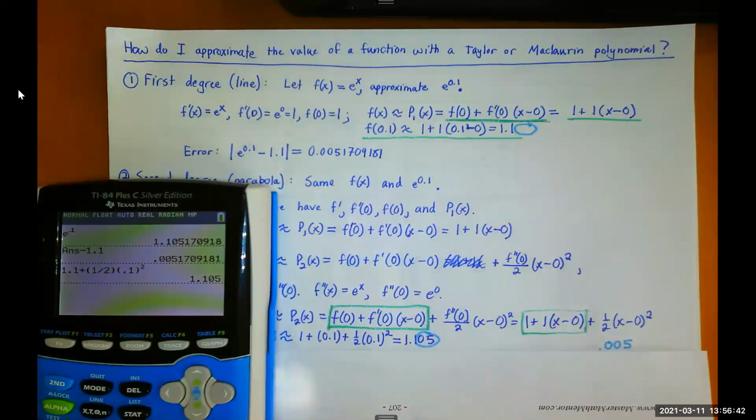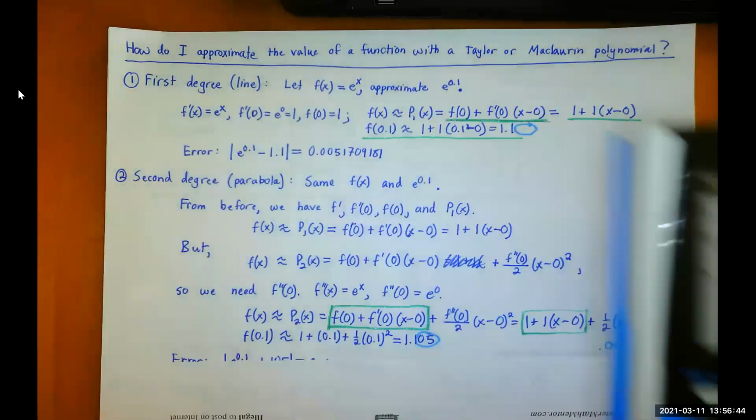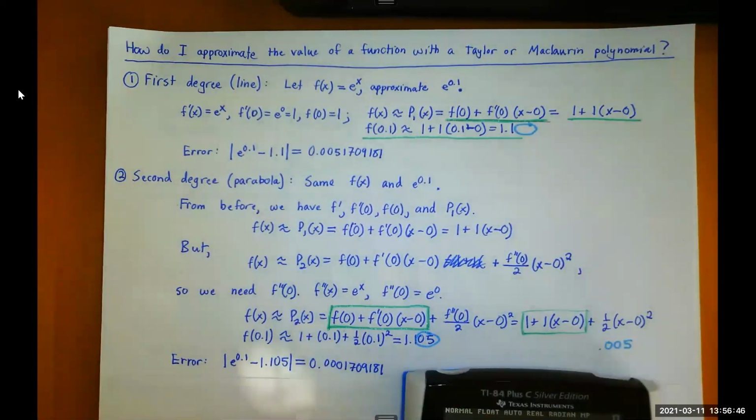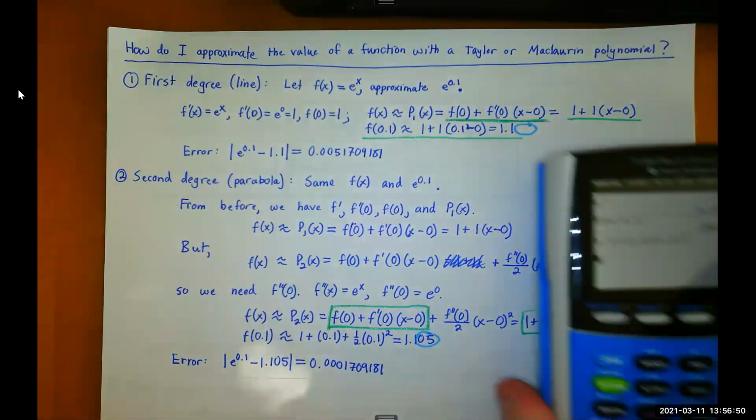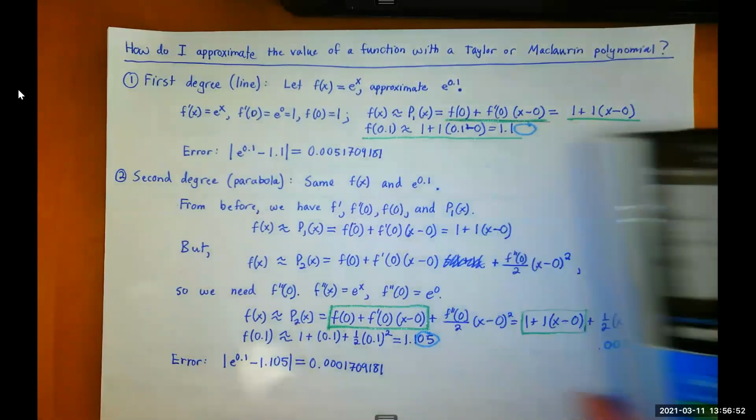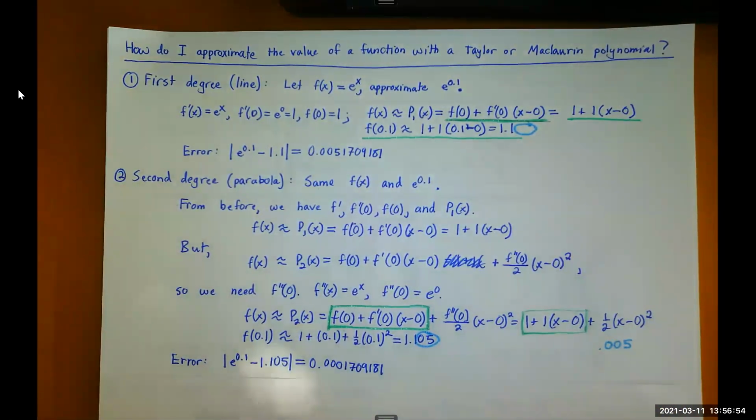Error calculation then is the same thing. It's the difference between the true value, which our calculator calculates for us, and the 1.105 we came up with. And it's 0.00017098181, which I think you would agree is smaller than 0.005 and incredibly accurate.